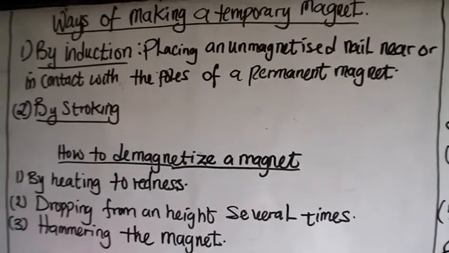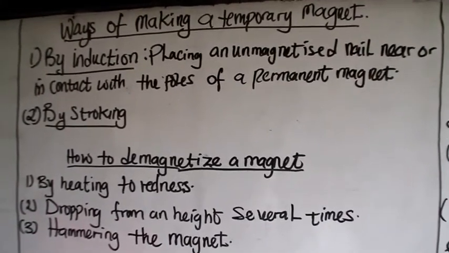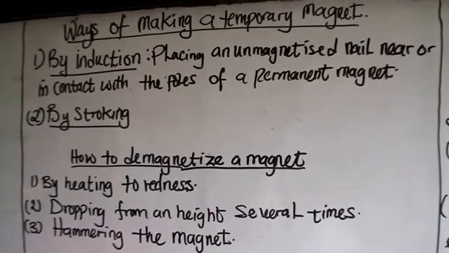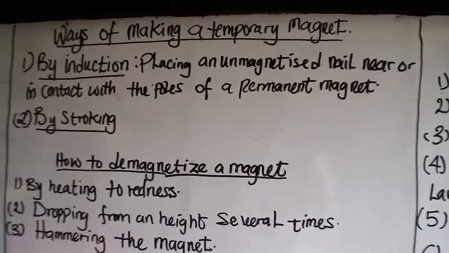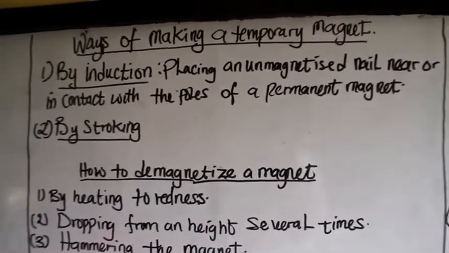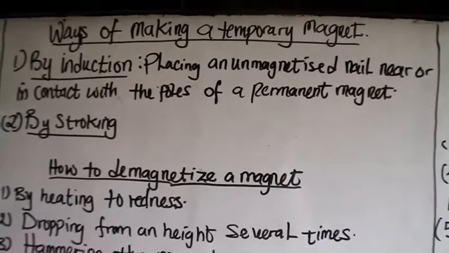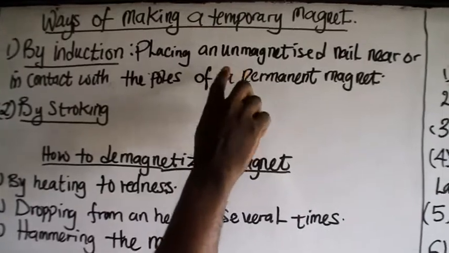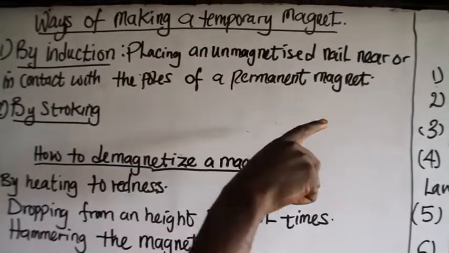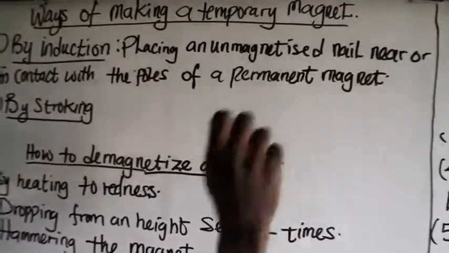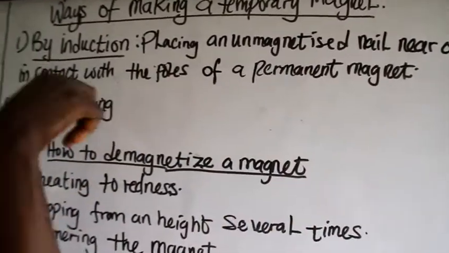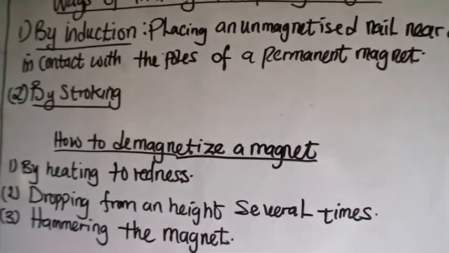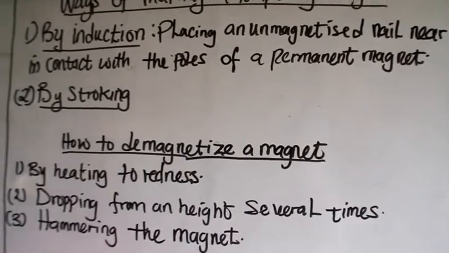When you get back to the house, you can practice it and see for real that you can make a temporary magnet, which means it will not last long. This is done by placing an unmagnetized material, that is a nail, near or in contact with the poles of a permanent magnet.